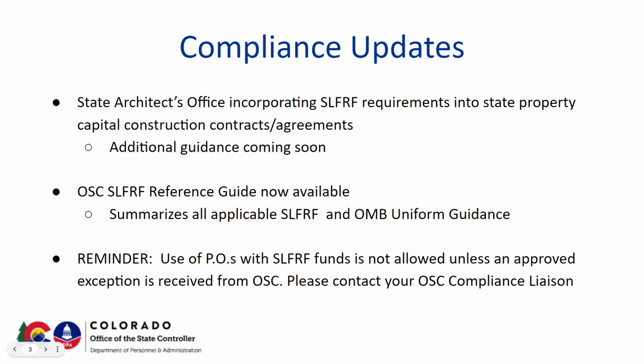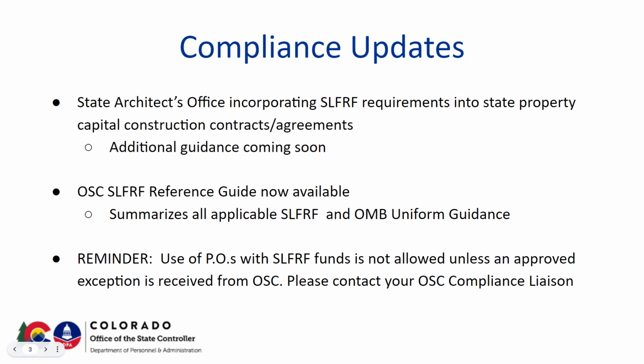An example of something that has been approved so far is allowances for a situation in which a state price agreement task order was in place. And to be able to get that negotiated rate, a PO needed to be used.